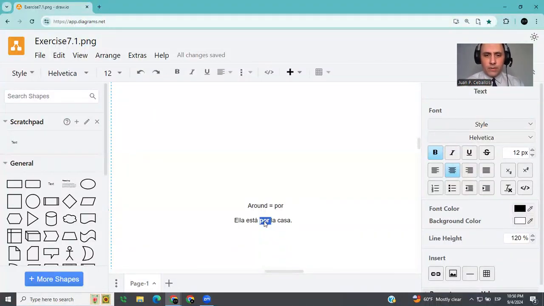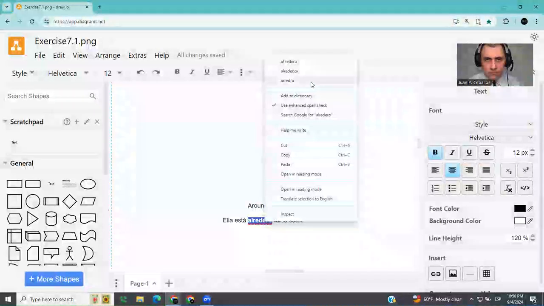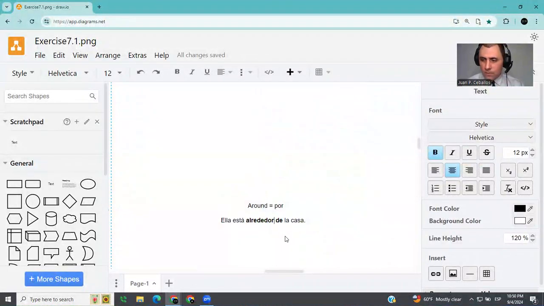So another way to say this will be, ella está alrededor de la casa. Okay. And this is another preposition that is kind of common, alrededor de. So in other words, alrededor de and por, in this case, are synonyms.